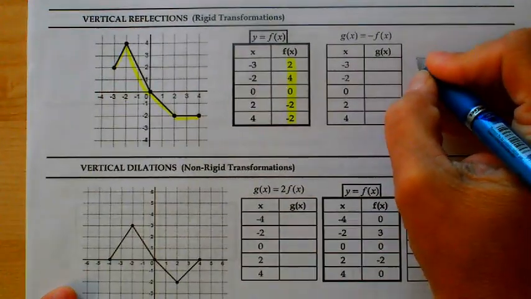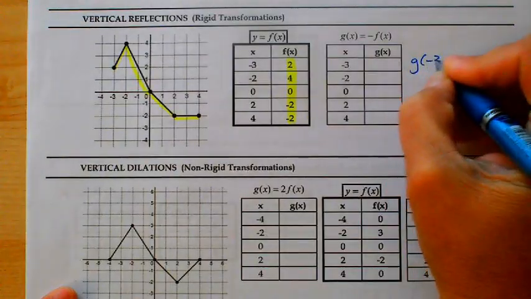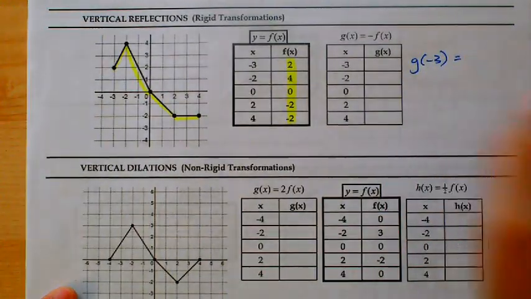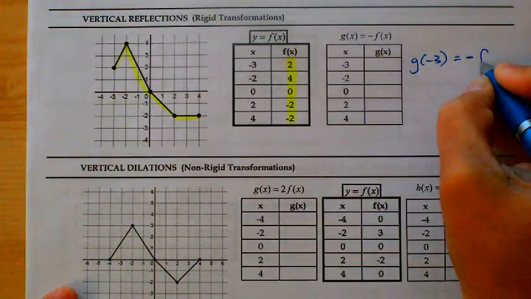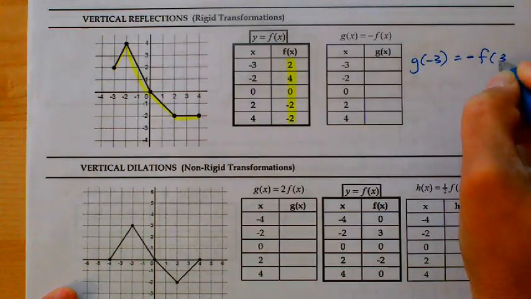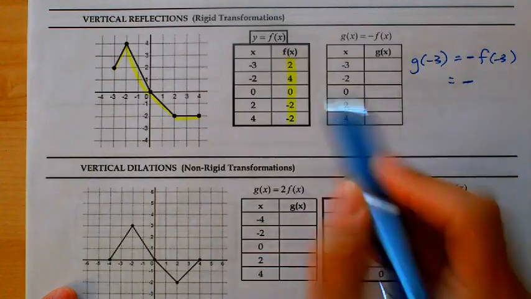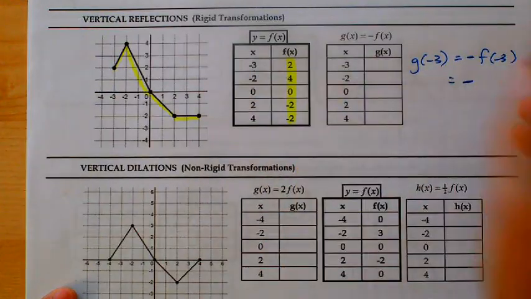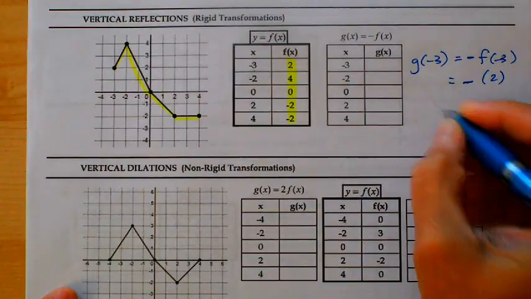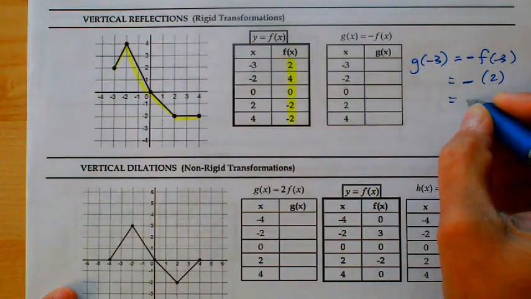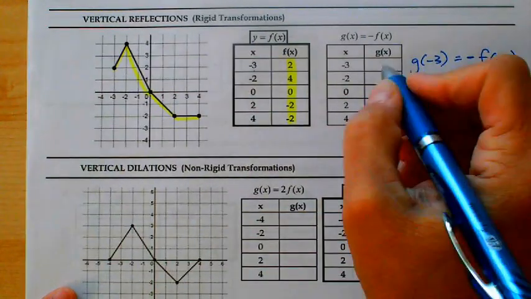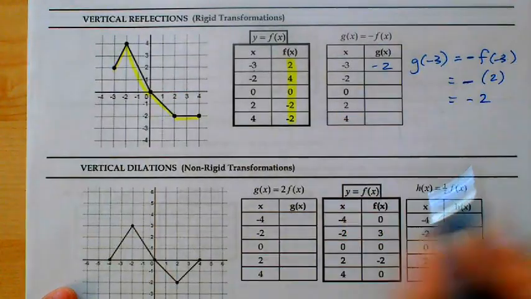So for example, g of negative 3, we would compute as the opposite of whatever f of negative 3 is. All right, well, the opposite of f of negative 3 is the opposite of 2, and so we get a y value here of negative 2.